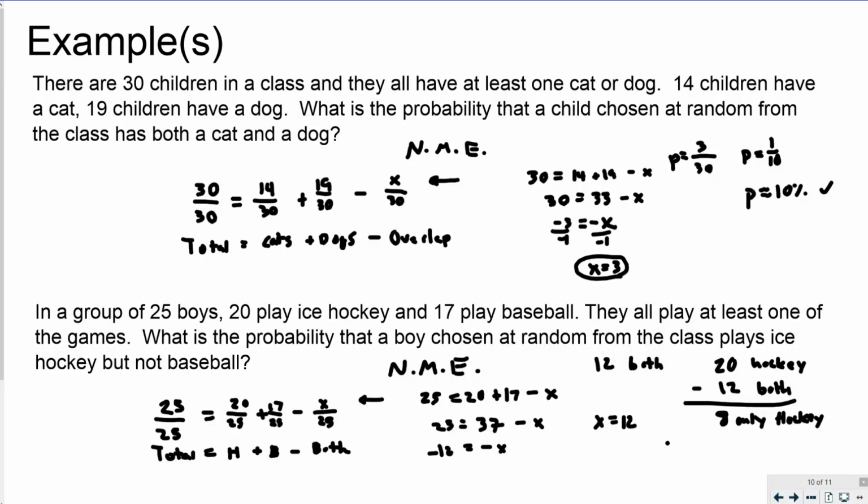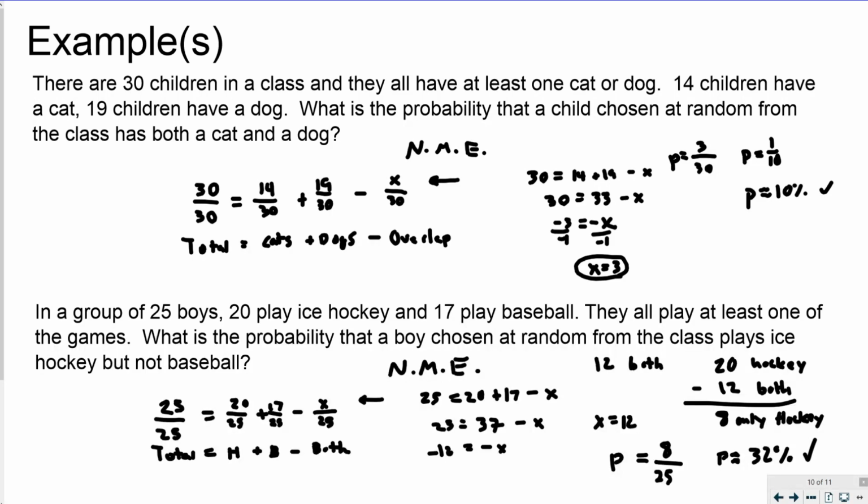So we take the 8 and we put it over the class of 25. And the probability of that happening as a percentage would be just about 32%.